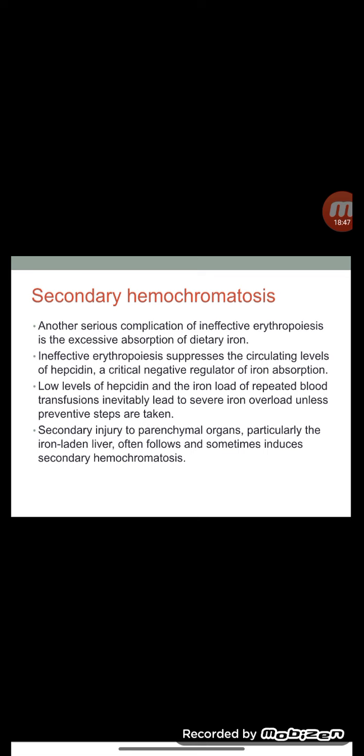So, even without transfusion, in some patients with thalassemia trait serious enough to cause ineffective erythropoiesis and anemia, progressively there is increased iron absorption and increased iron storage in the reticuloendothelial system as well as in the liver, which leads to secondary hemochromatosis, and even the pancreas and heart get affected, which is called bronze diabetes.